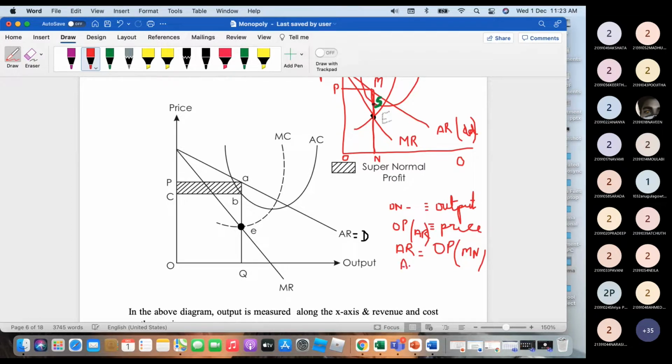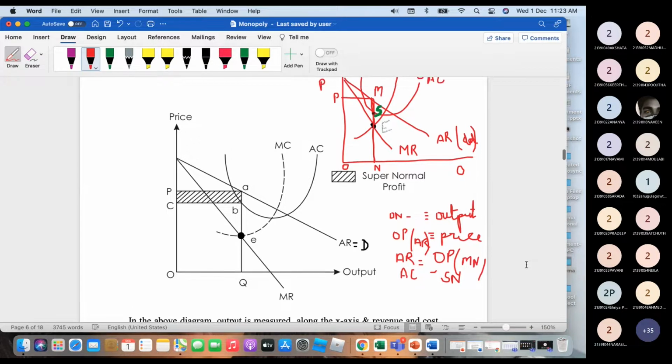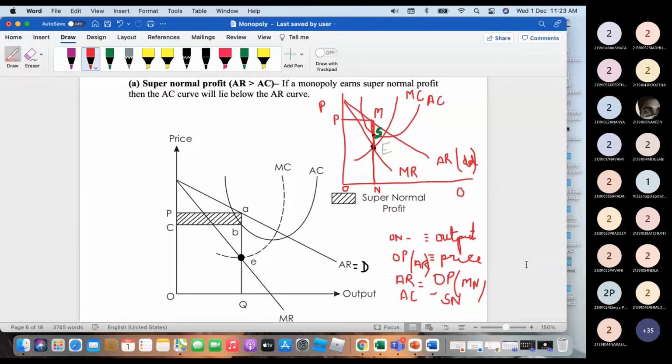What is your AC? AC is equal to SN. Your AR is MN, your AC is SN, because the output line is touching the average cost curve at point S. Are you able to get it, students?